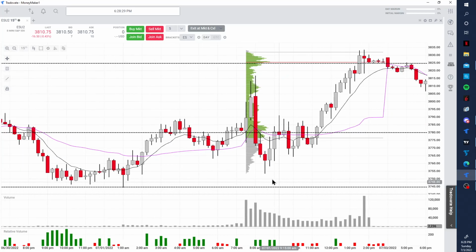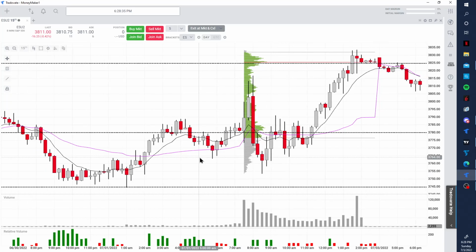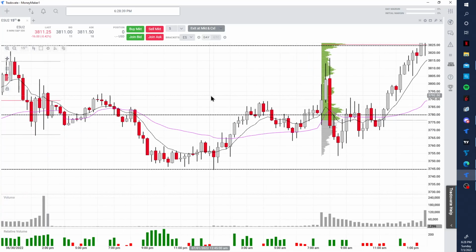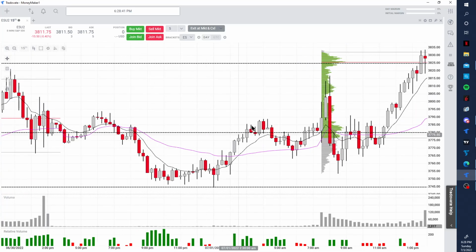The volume doesn't show it here, but we had a volume spike around 37.55, and that takes into account the whole day. So I put a buy down there to cover one of my shorts, and it hit. Then I had one at 37.50, but that one never got filled.